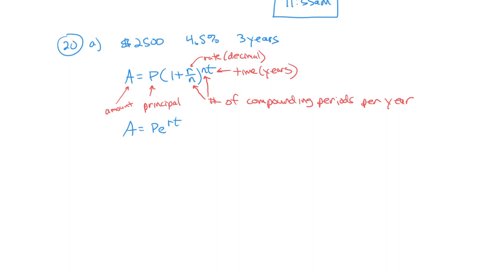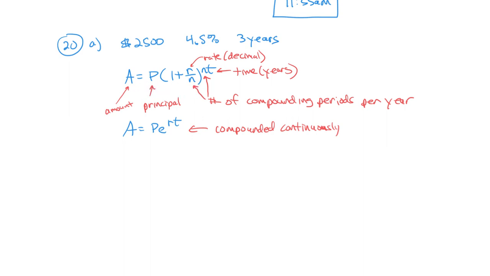This one is only when interest is compounded continuously. As long as it's compounded anything other than continuously, we use the first formula.